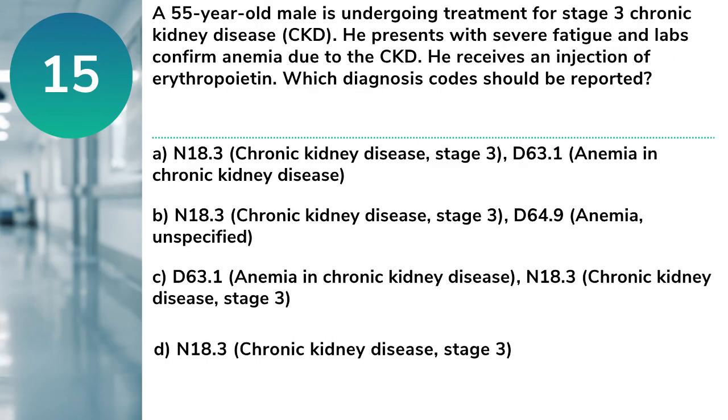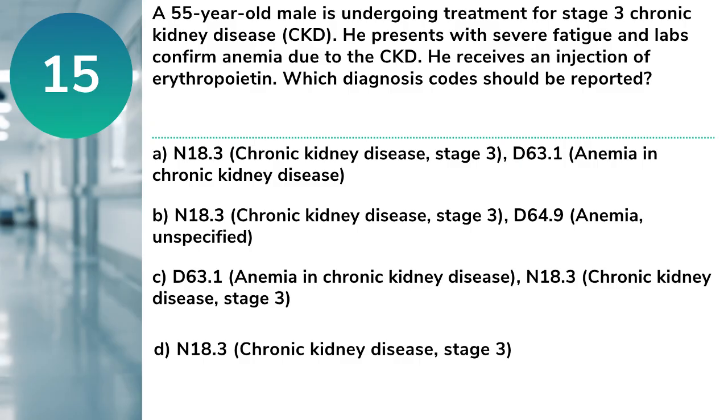Question 15. A 55-year-old male is undergoing treatment for stage 3 chronic kidney disease, CKD. He presents with severe fatigue and labs confirm anemia due to the CKD. He receives an injection of erythropoietin. Which diagnosis codes should be reported? A. N18.3, chronic kidney disease, stage 3, D63.1, anemia and chronic kidney disease.